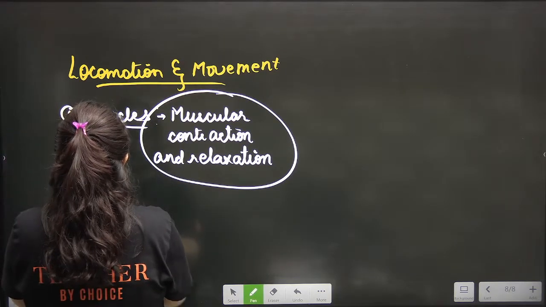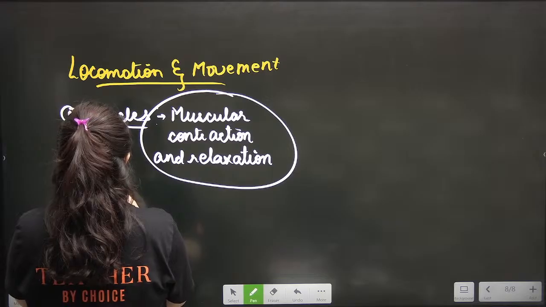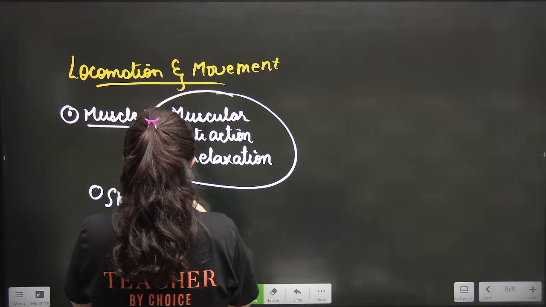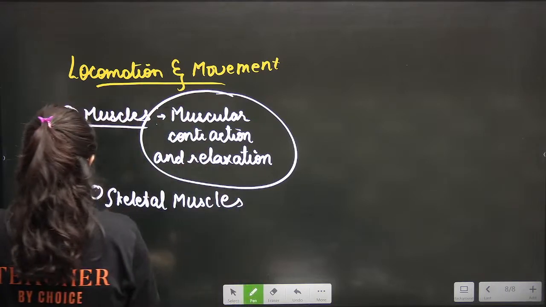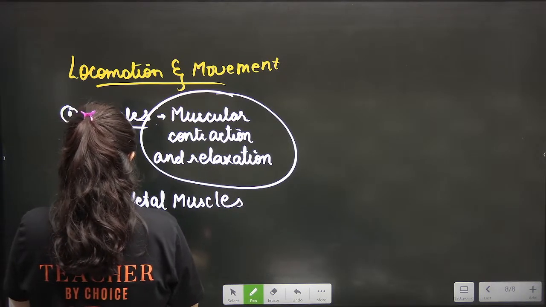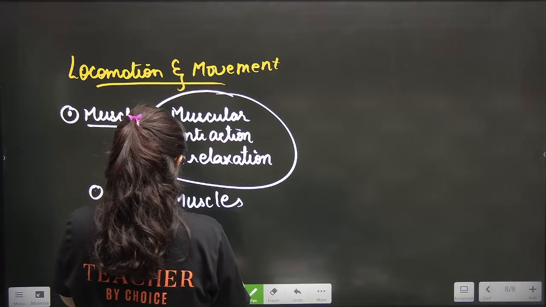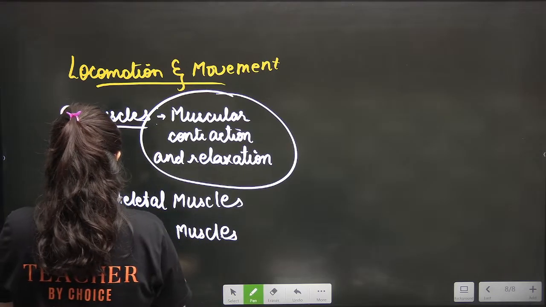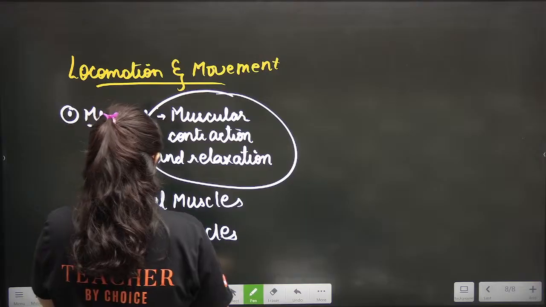What type of muscles? Skeletal muscles, smooth muscles, and cardiac muscle.